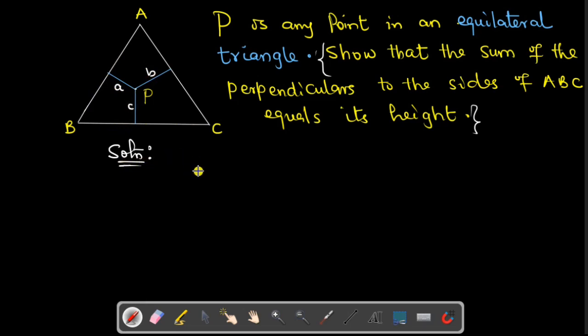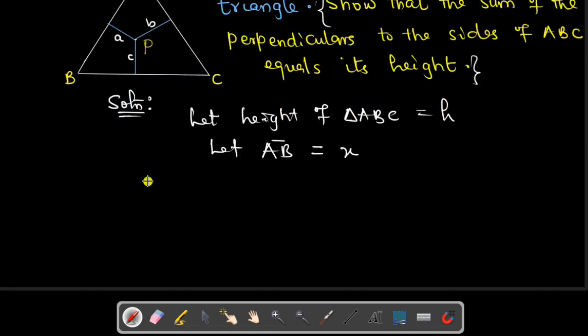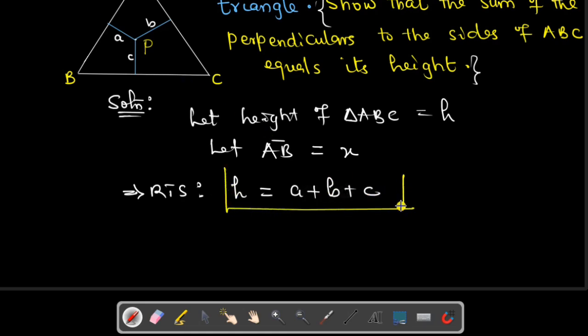What we want to achieve is this: let the height of triangle ABC be equal to h, and let's call the side AB x. So we are required to show that the height h is equal to a plus b plus c.